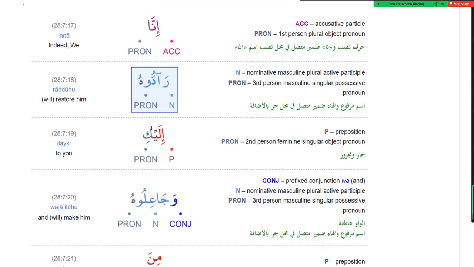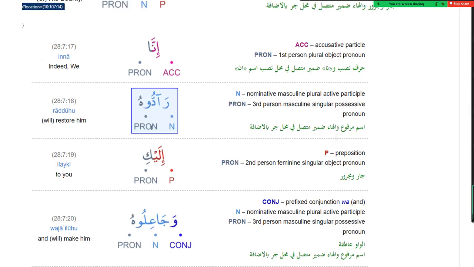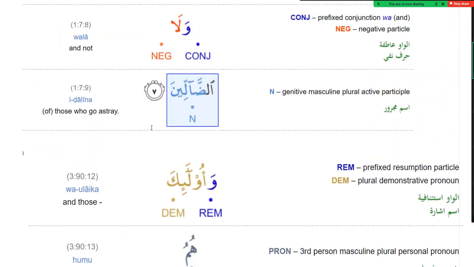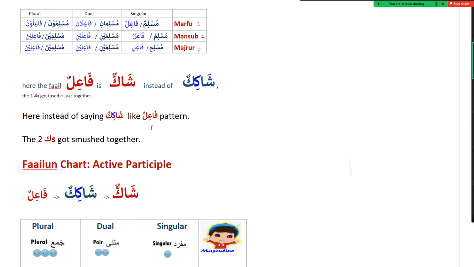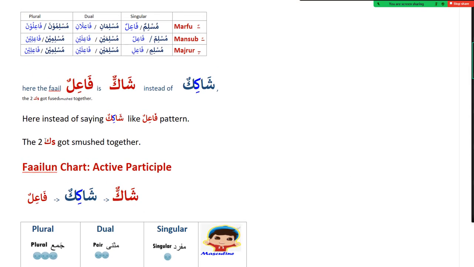Yes, sister. I'm teaching about the fa'il pattern. If you follow fa'ilun, the regular verbs would be nasirun or hamidun. But here it's sheen kaf kaf, so instead of shakikun, the ki drops and the two kafs are fused together.